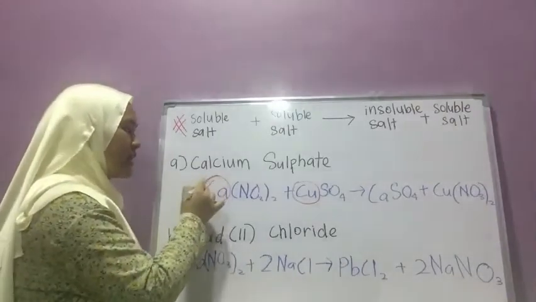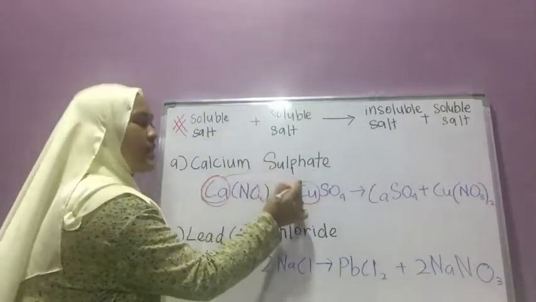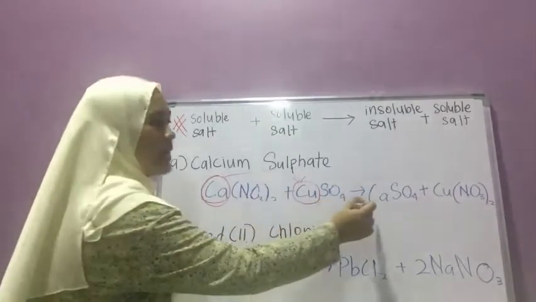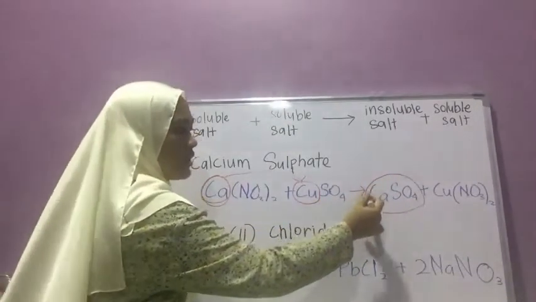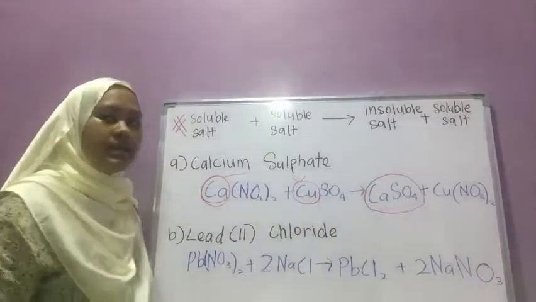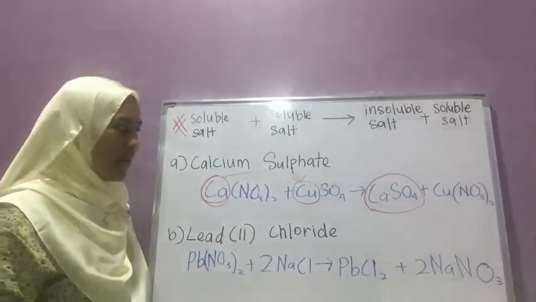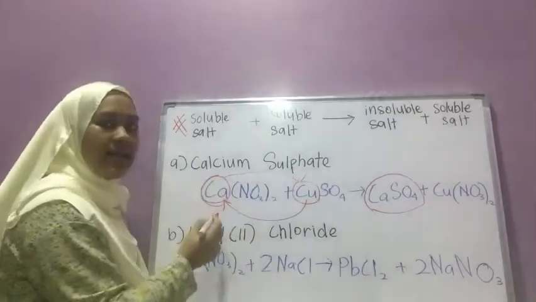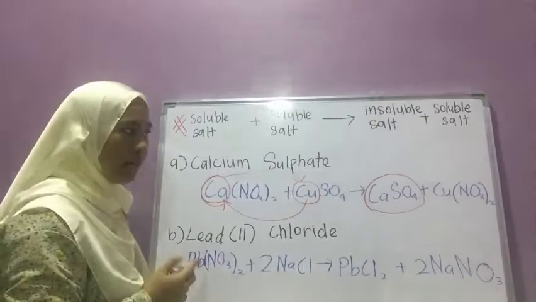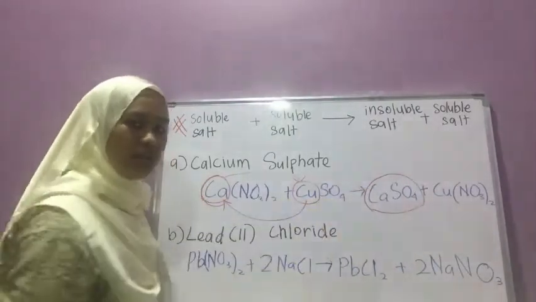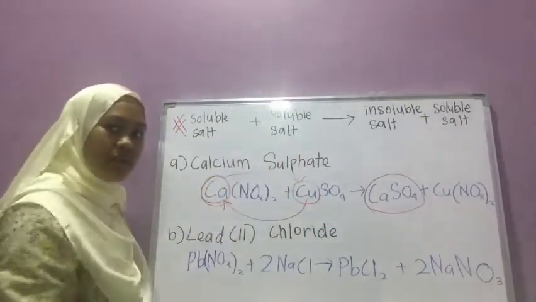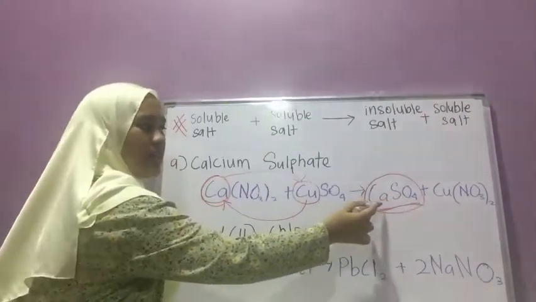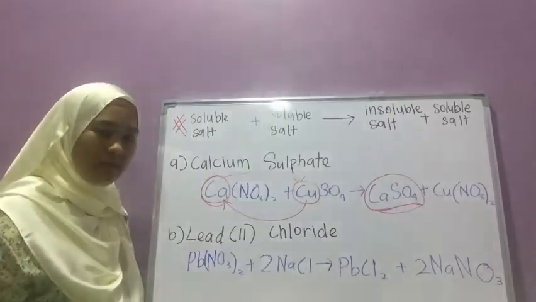Then calcium will replace the copper and it will become calcium sulfate. This is the insoluble salt. Then copper will replace the calcium and it will become copper nitrate. That is soluble salt. Here we highlight this because this is the insoluble salt.